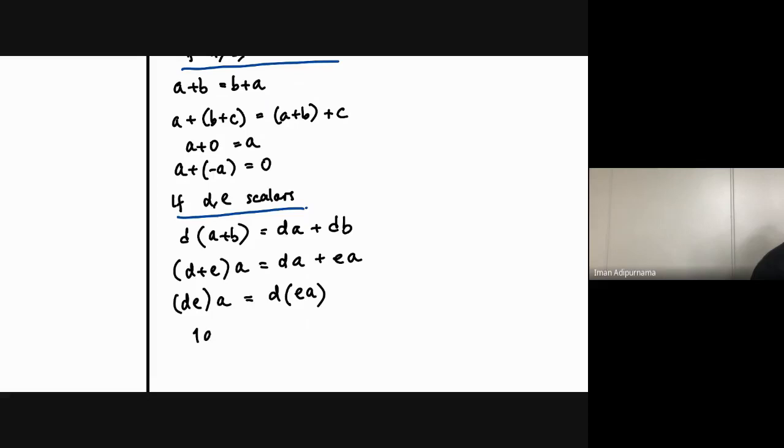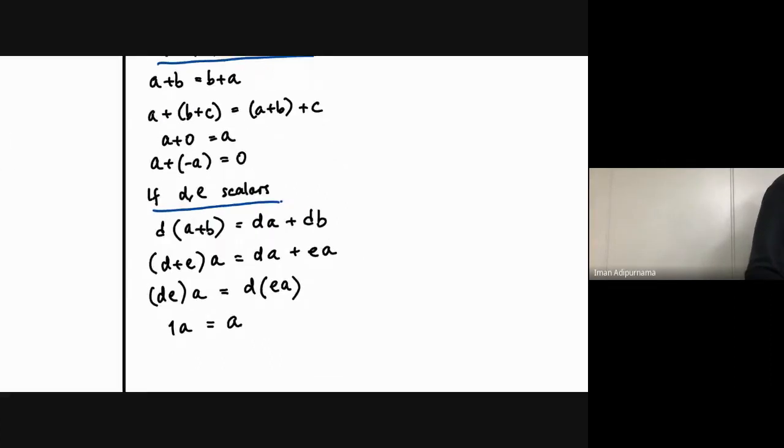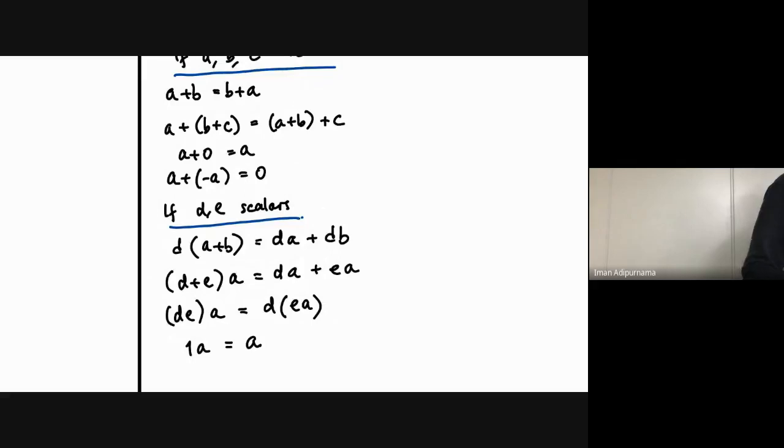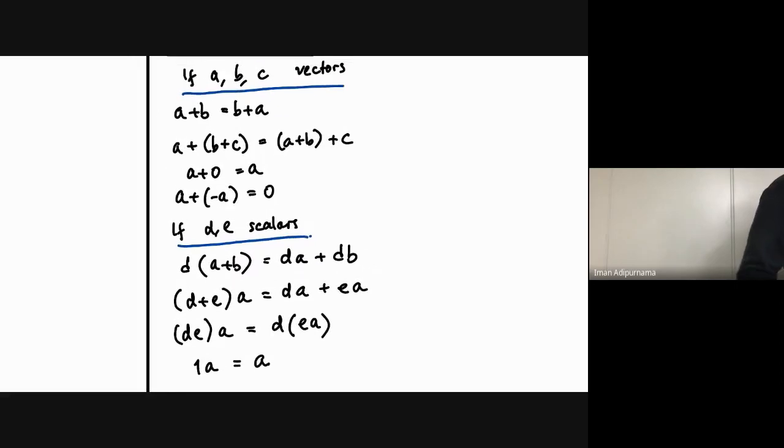We multiply with 1, so we get A. I think this is not a problem. Basically, it's similar to the basic mathematical laws, not really that complicated.